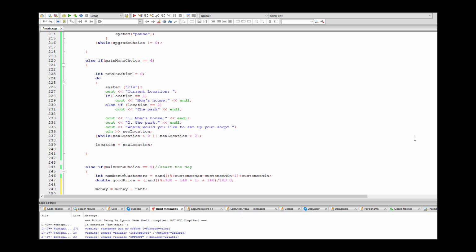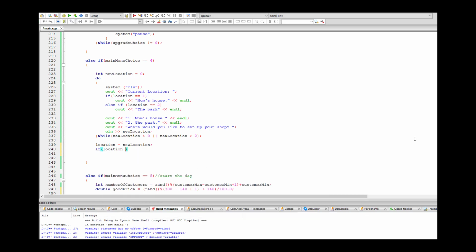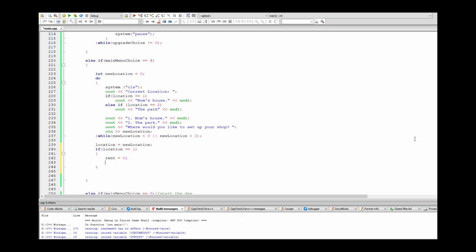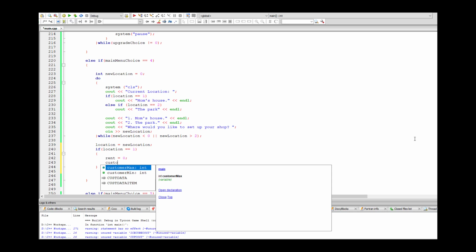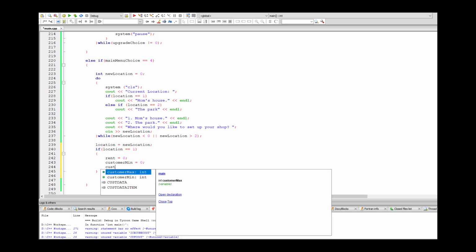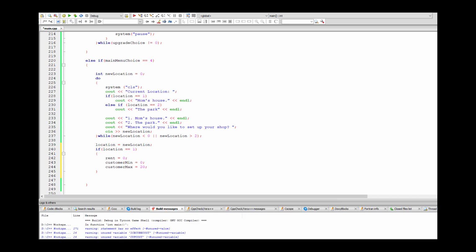Okay, so we're going to have location is equal to new location. And then what we'll do is we're going to say if the location was equal to 1, so they went to mom's house, then the rent is now 0, so you don't have to pay anything. The customer min is now equal to 0, and the customer max, I believe we had it set to 20.